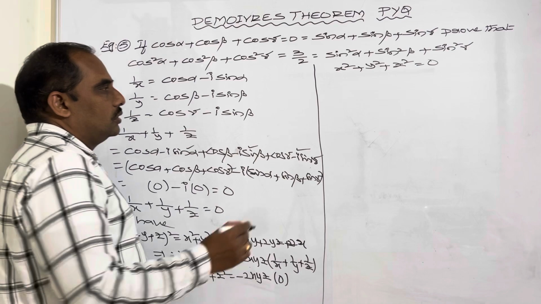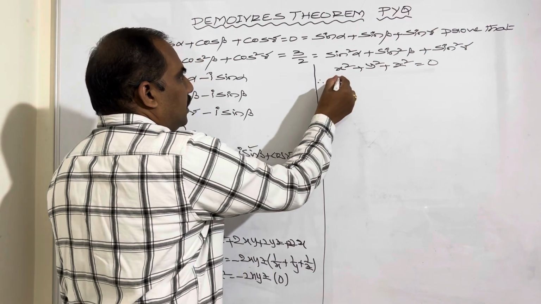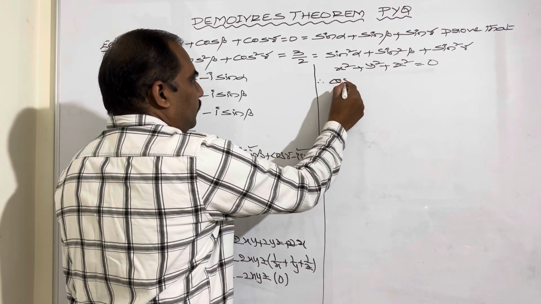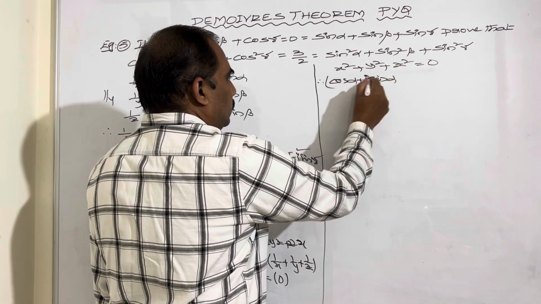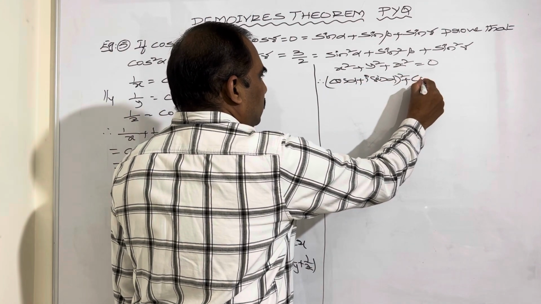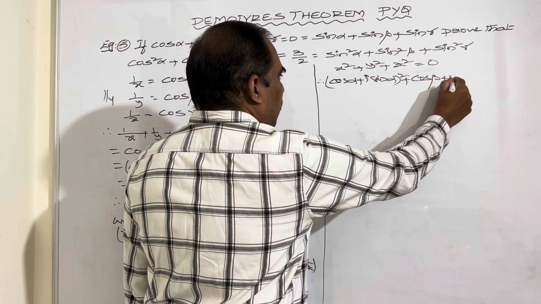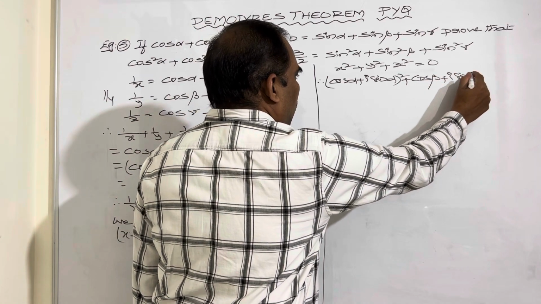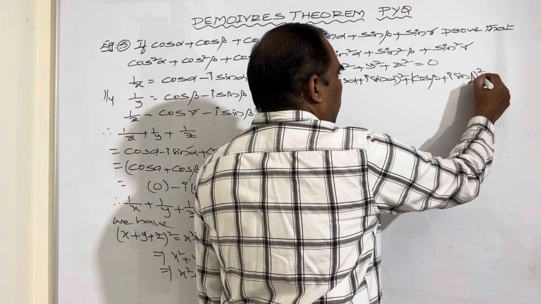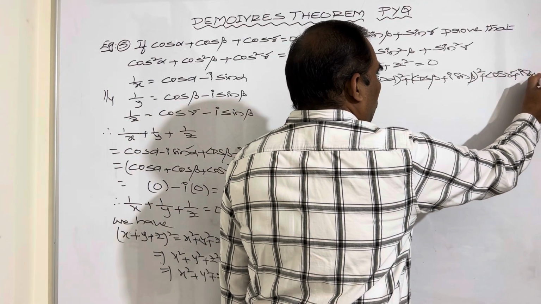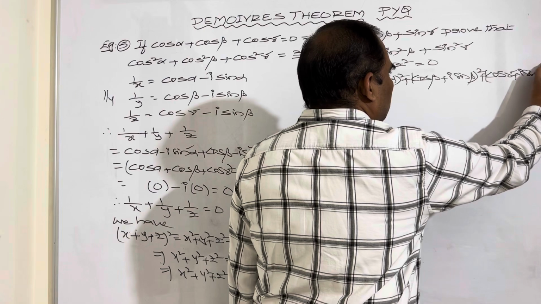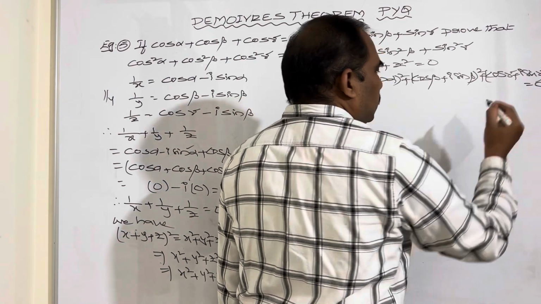So now what is x here? We have x is cos alpha plus i sin alpha whole square, plus cos beta plus i sin beta whole square, plus cos gamma plus i sin gamma whole square, which is equal to 0 only.